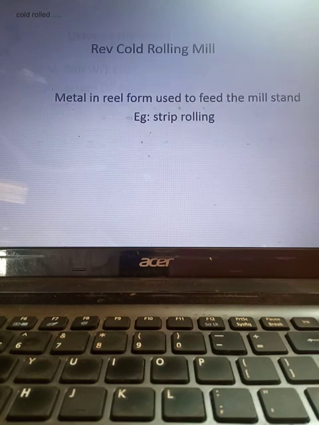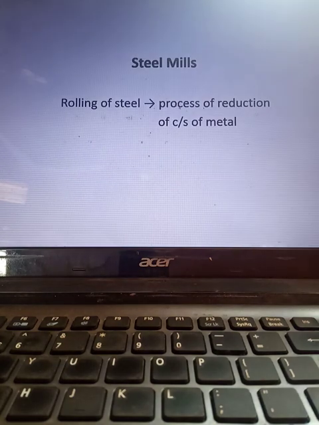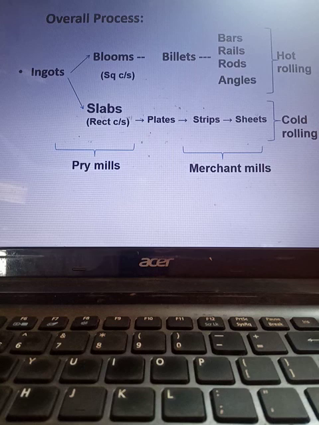What is very important is this rolling of steel, changing the cross section of the metal, reducing the cross section of the metal is basically what is going on there, and it is happening with mechanical pressure. For that we use the rolls.